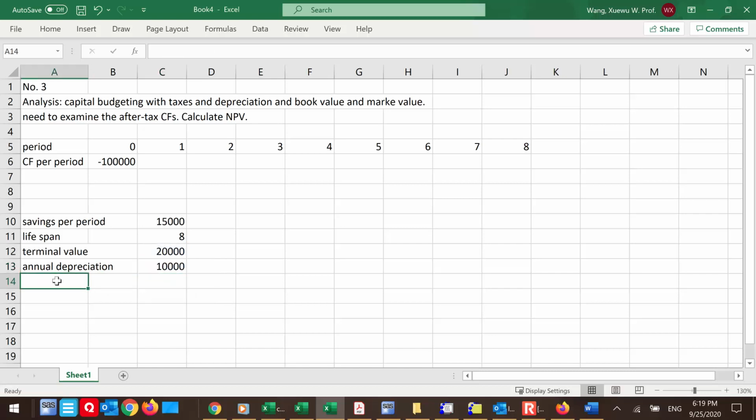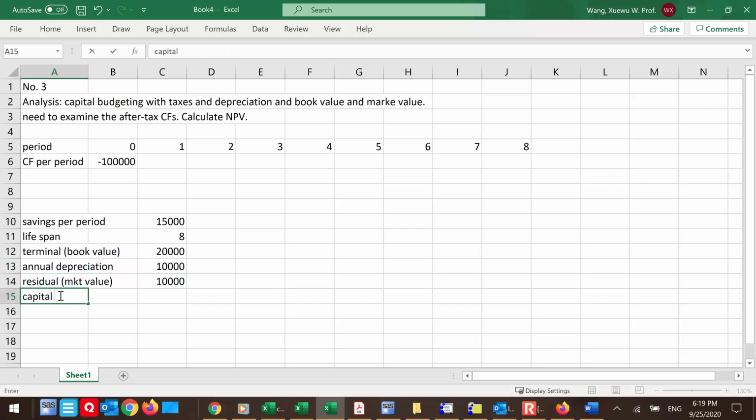And then you also have the market value. Residual market value here, and that is only 10,000. So in this case, the terminal value here, I should say terminal book value. This is what the machine is worth on the accounting book. So that is 20,000.